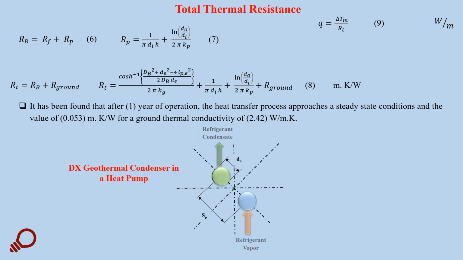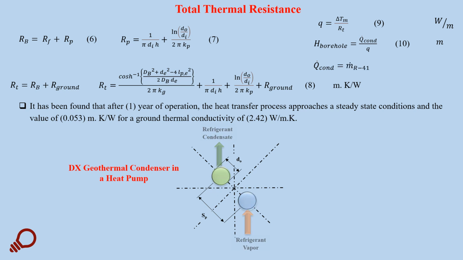Then the heat loading is Q equal delta T mean divided by R total, in watt per meter. And then we may find the depth of the heat exchanger by dividing Q dot condenser by the heat loading, as shown in equation number 10, in units of meter.